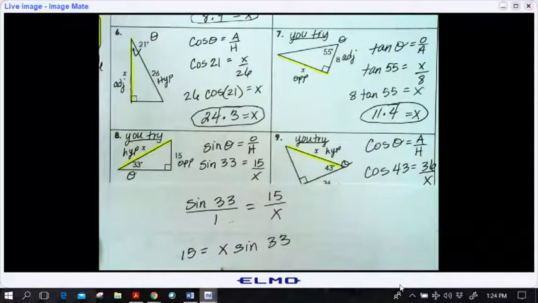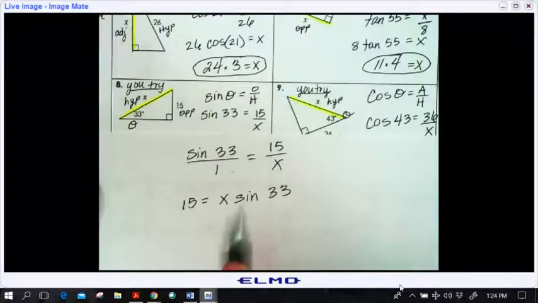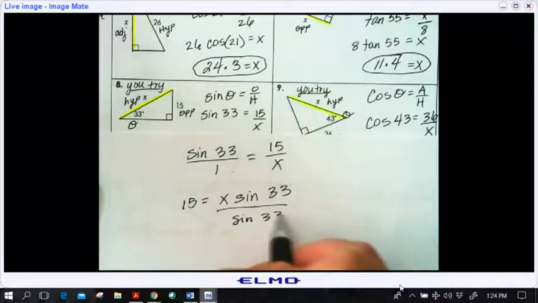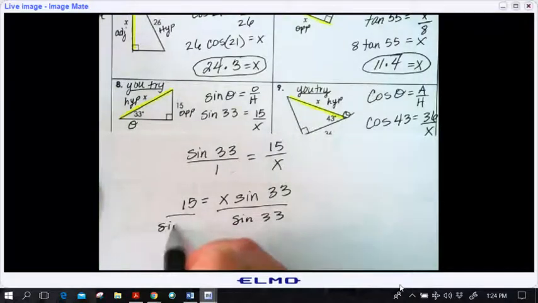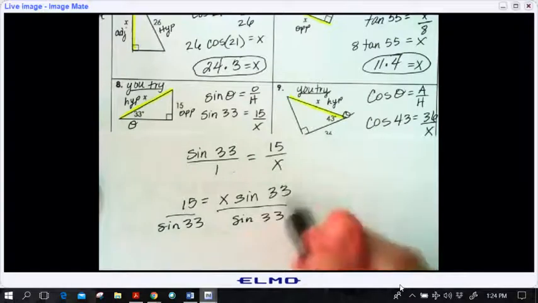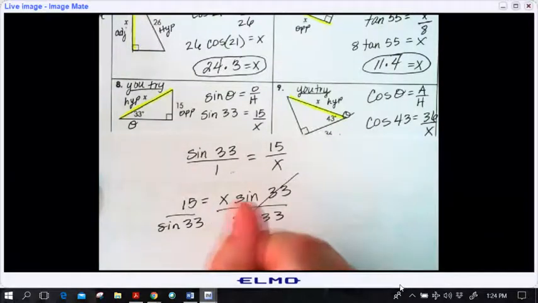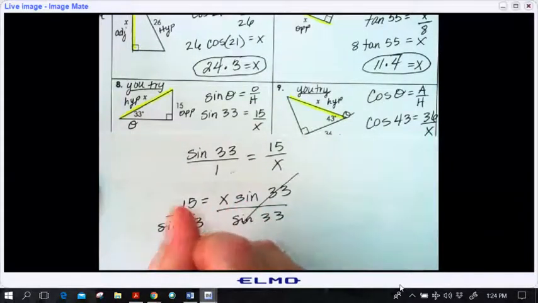But I still need to get this x by itself. So what I would do is divide by sine of 33. And so these would simplify and reduce, and I'm left with x equals 15 over sine 33.